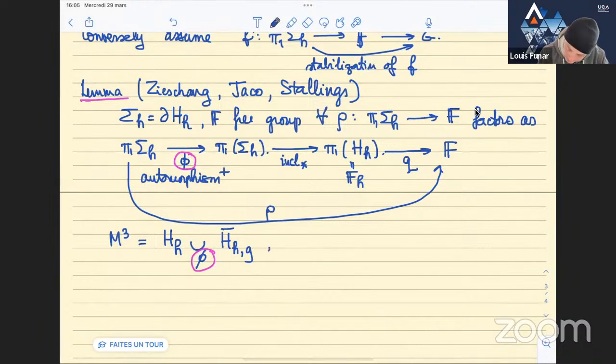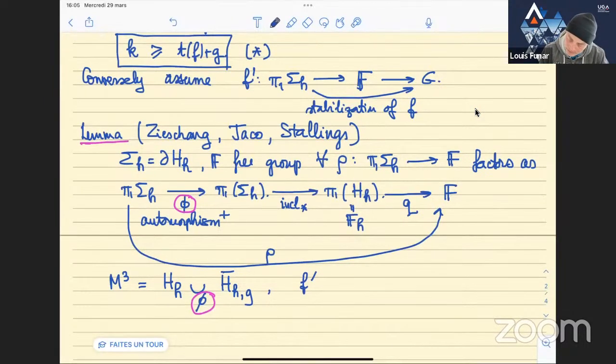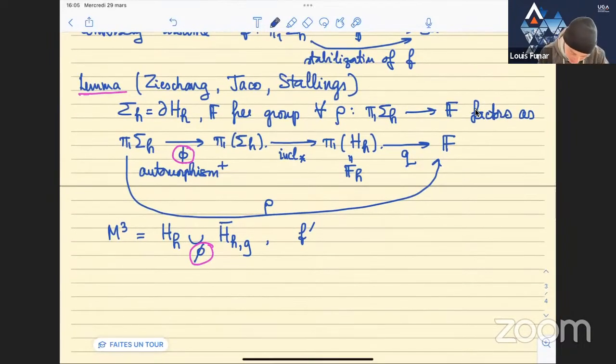And now I'm looking at our homomorphism F prime, which was a stabilization of F, and I'm using the composition with phi inverse.